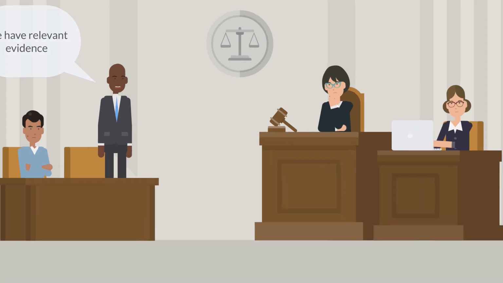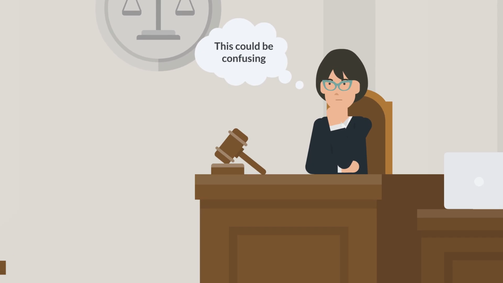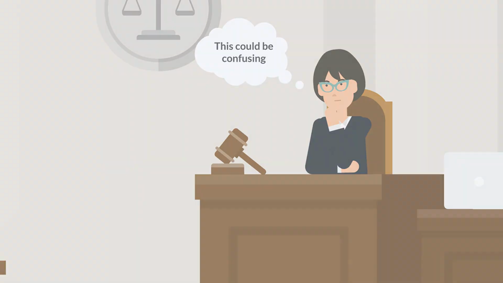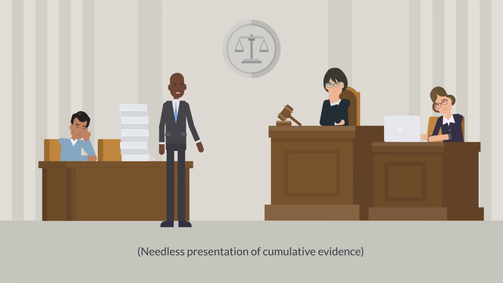If the court finds that it is something that's going to be confusing to either the court or the jury, particularly the jury, a lot of times we see this confusion being used as a reason to exclude relevant evidence. A lot of times in family law, we will see needless presentation of cumulative evidence or undue delay as a reason why certain evidence should not come in.